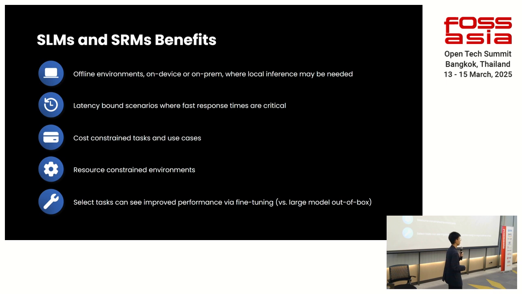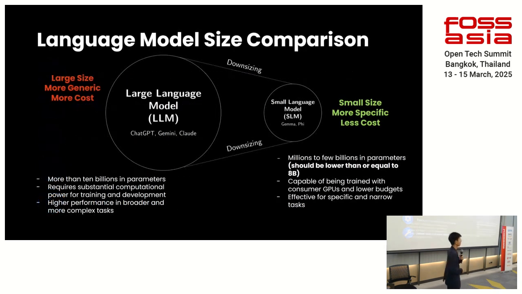And they are also used within specific resources and selected tasks to improve performance by fine-tuning or using other techniques like RAG. Actually, if you compare the size of language models, you can see large language models have a lot of parameters, but we can see the downsized version, which is a small language model, is quite small and has less cost.